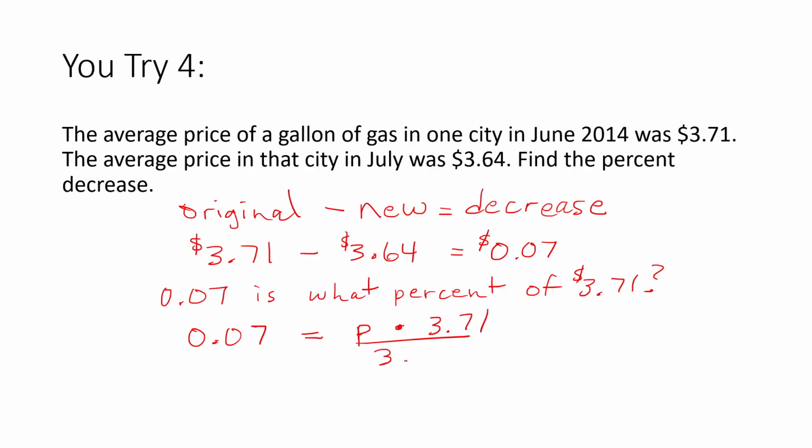I divide both sides by 3.71, and I'll get P is equal to 0.019, which if I move my decimal 2 places to the right, I'll get 1.9%.